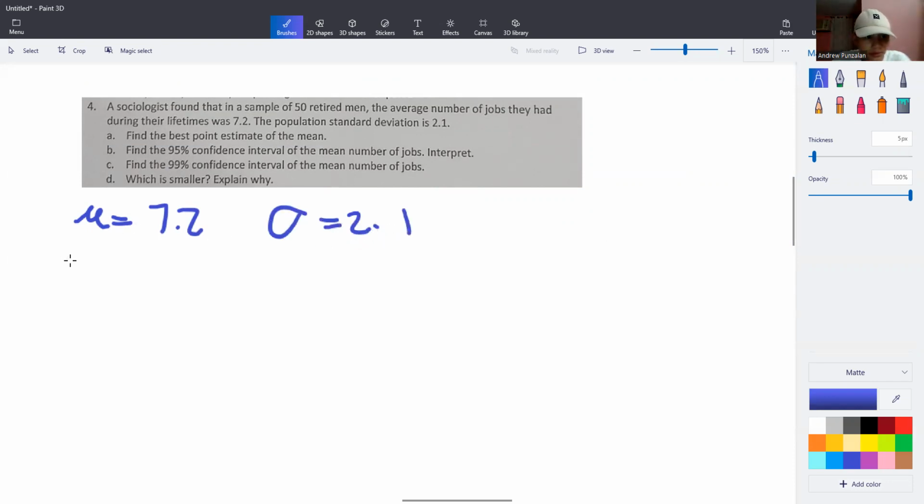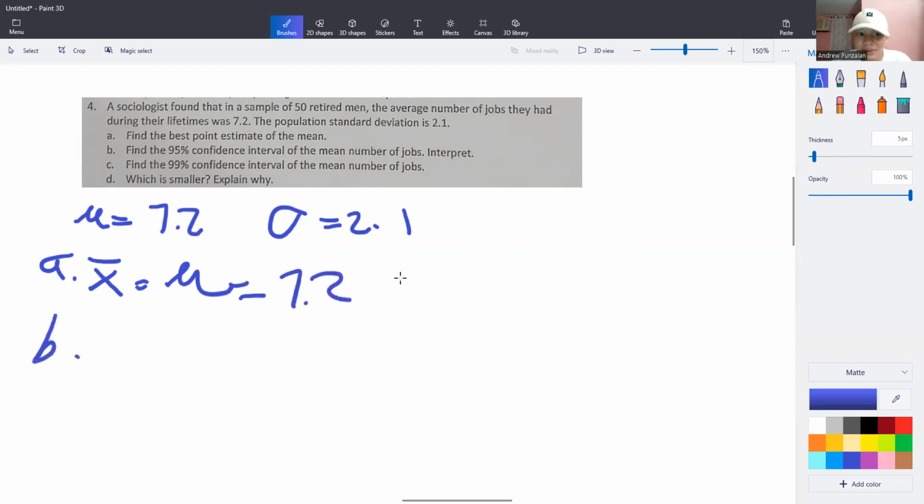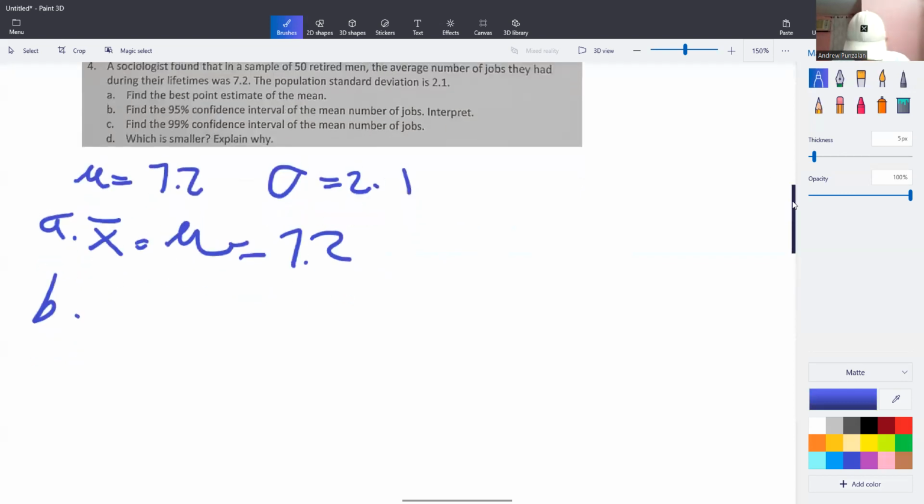Next, letter A. Find the best point estimate of the mean. The best point estimate is the x bar, and the x bar is equal to the mean. So our point estimate is 7.2. For the next part, find the 95% confidence interval of the mean number of jobs. So 95% is always 1.96. That's our ZC.